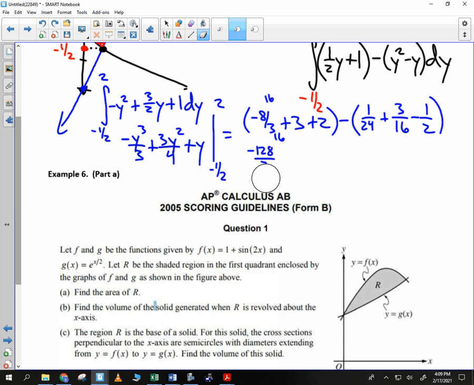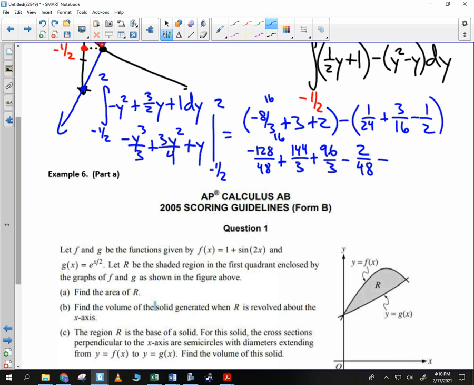So we're going 48 on the bottom. So now 3 times 48 is going to be 144. 96 over 48, minus, let's see, that's going to be 2 over 48. Distribute the negative, minus 9 over 48. And it'll be a plus 24 over 48.